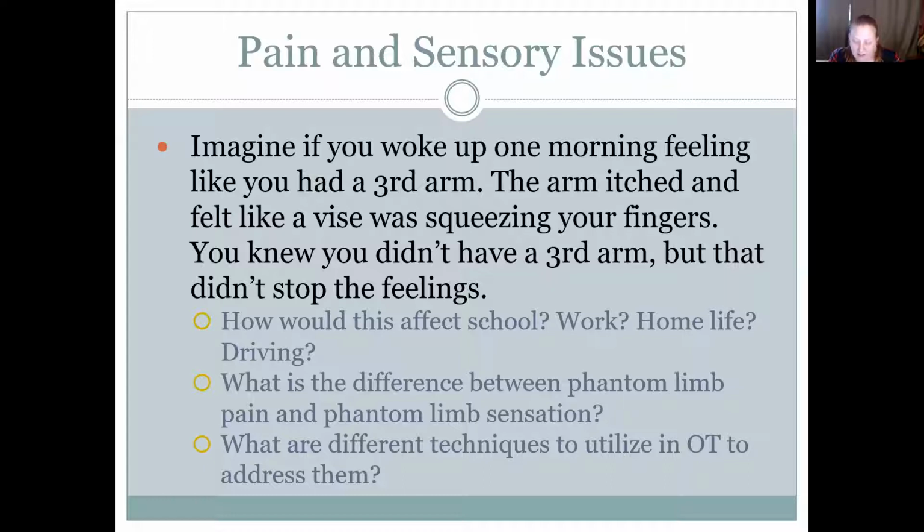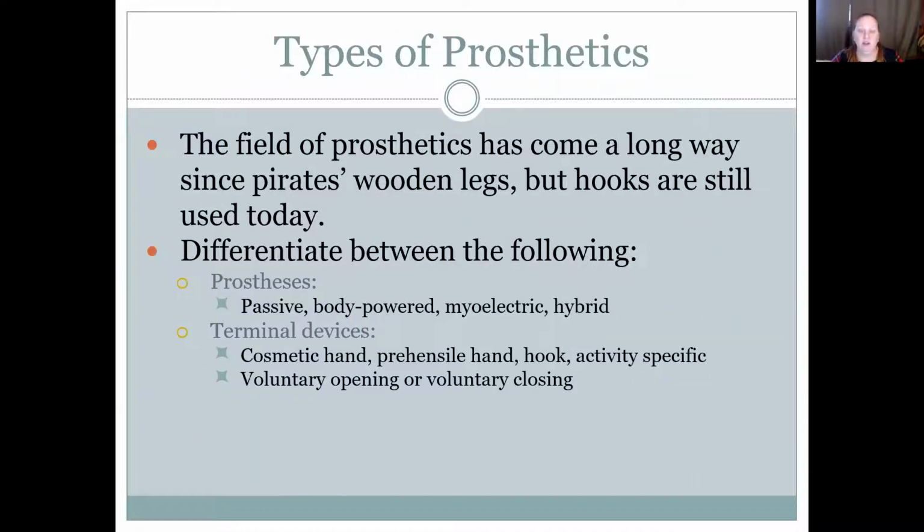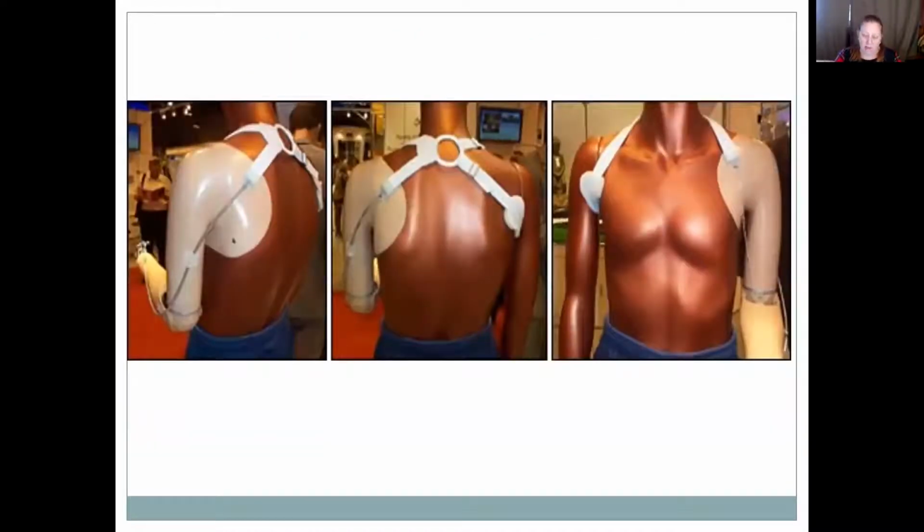You have hybrid prosthesis and then activity-specific prosthesis as well. And those activity-specific prostheses are used to perform a specific task or activity, and they're available in a wide amount of options for you. So here is a Bowen cable control system.